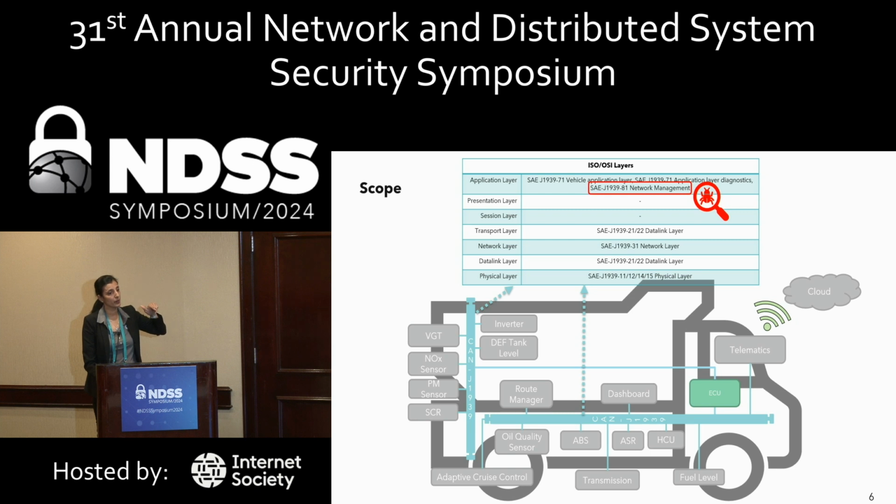For this paper, we focused on the SAE J1939-81 network management layer, which defines the messages for network management and defines the arbitration process which the controller applications, or the devices on a vehicle, use to win and participate on a vehicular network.